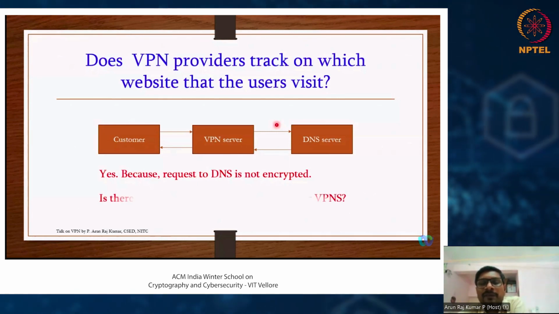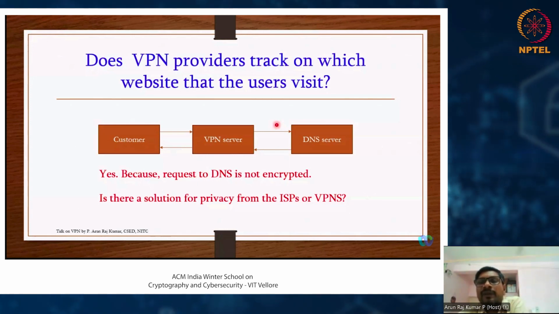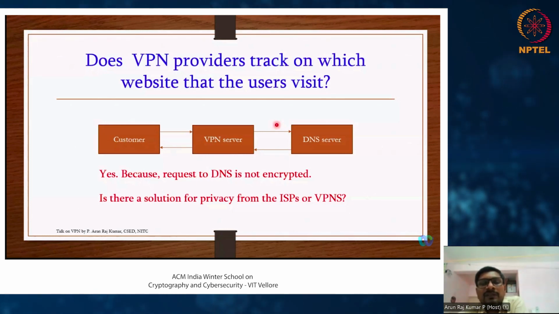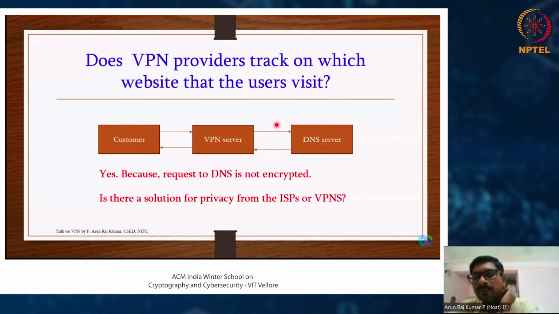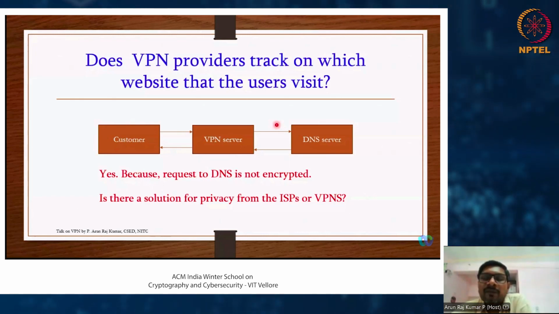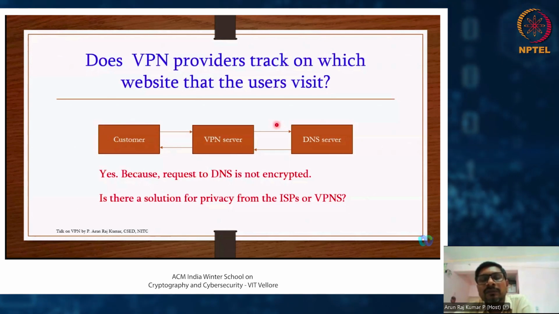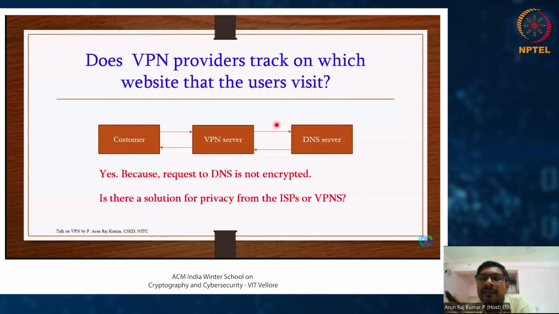Is there a solution for privacy from the ISPs or VPNs? The question is, can we avoid this tracking? Most users want privacy, especially they do not want to leak their private information to the outside world.